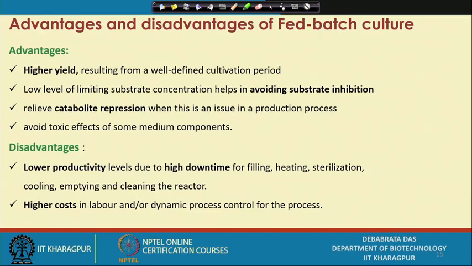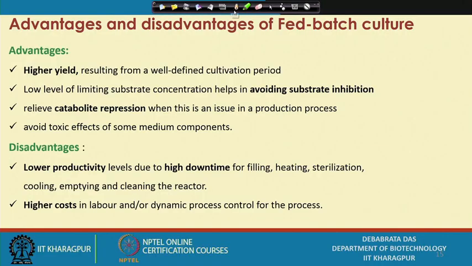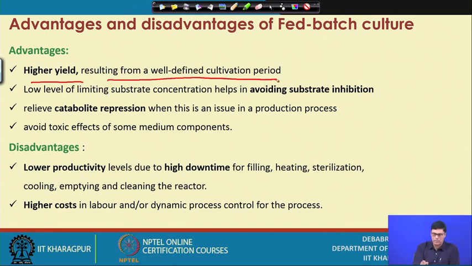Now the question comes: what are the advantages and disadvantages of the fed batch process? The higher yield results from the well defined cultivation period. I can give the example of the Baker's yeast fermentation process.